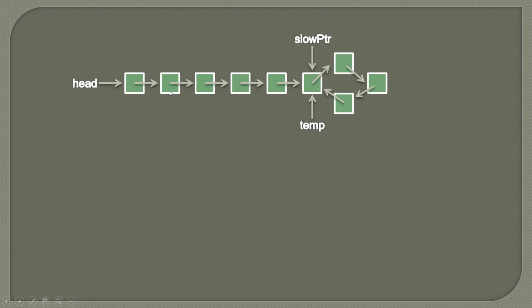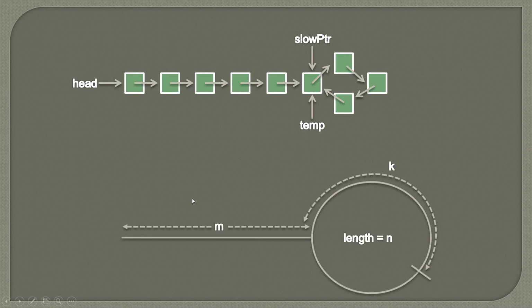So here if we draw this singly linked list, let's say something like this, this is the tail and this is the loop, and let's say they meet at this point. Here we denote the tail length with a value m, and the fast pointer comes inside the loop, performs a few cycles and reaches here, and the slow pointer also performs a lesser number of cycles and finally meets it here.